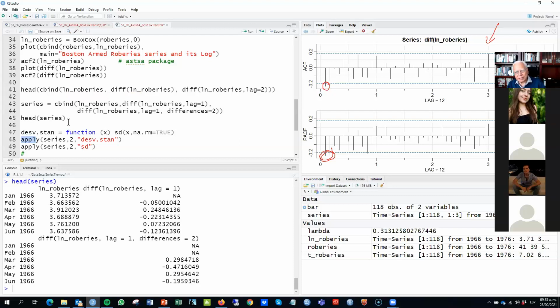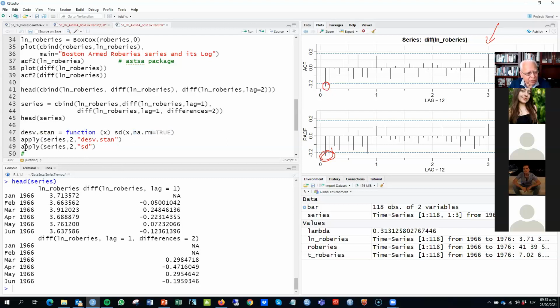So I have the 3 series in the data frame. And now what I want to do is compute the standard deviation for each. But I define this function to make sure that I include the parameter here that removes NA values, because I have an NA value here. If I just apply, we had seen this function before, right?